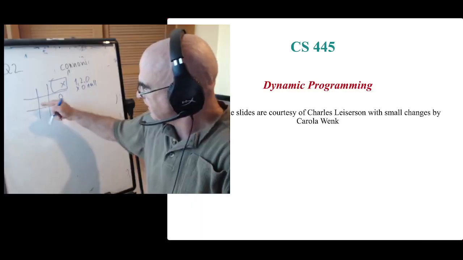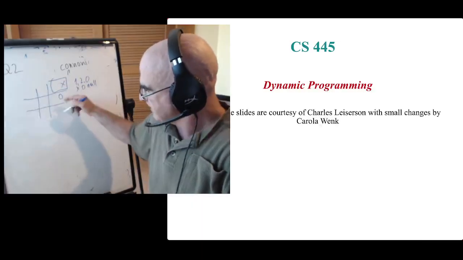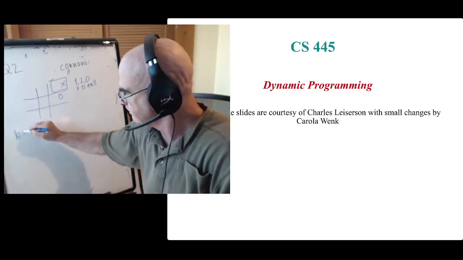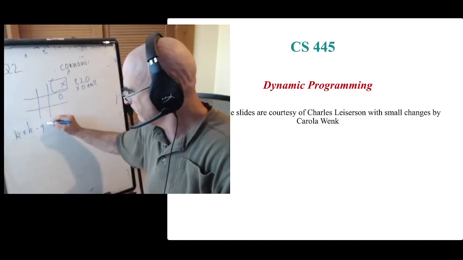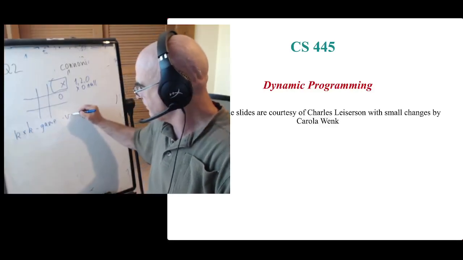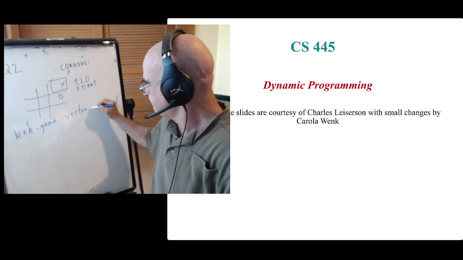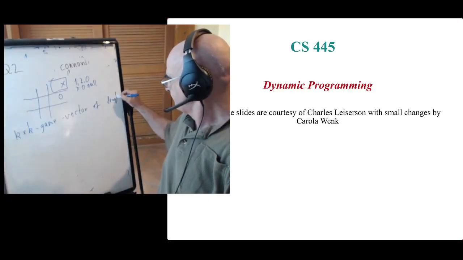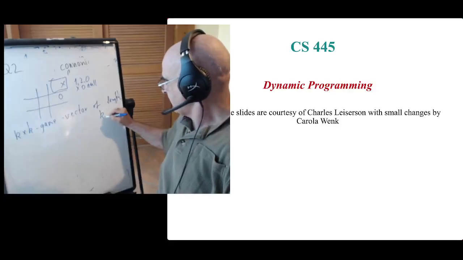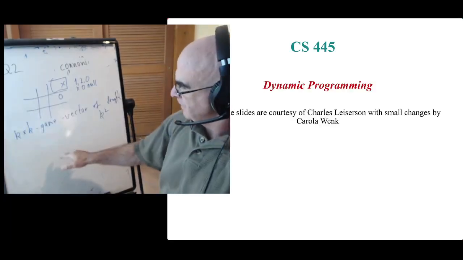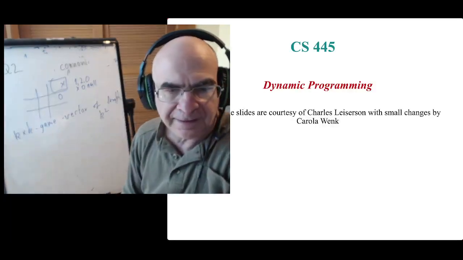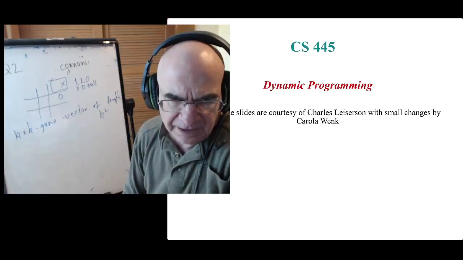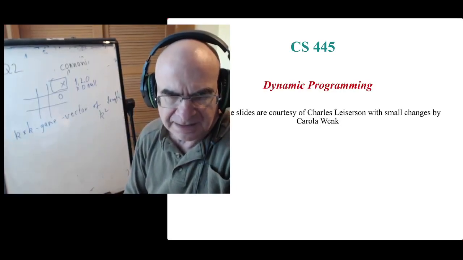Next I have 9 cells, or in a K by K game, we have a vector of length K square. And even if you don't like geometry, the term vector here just means it's a list of numbers.